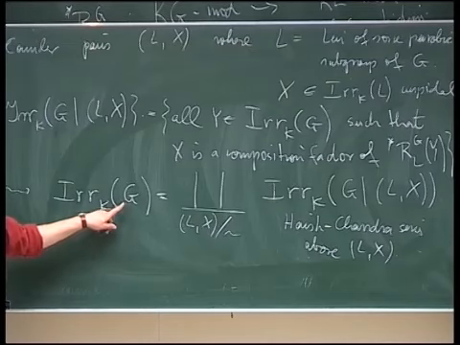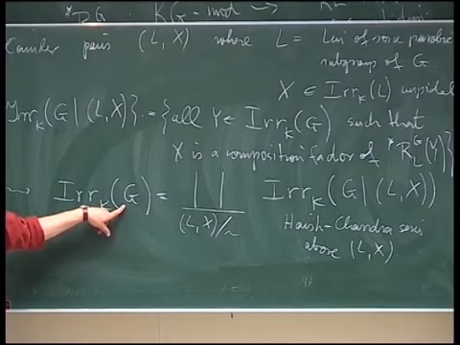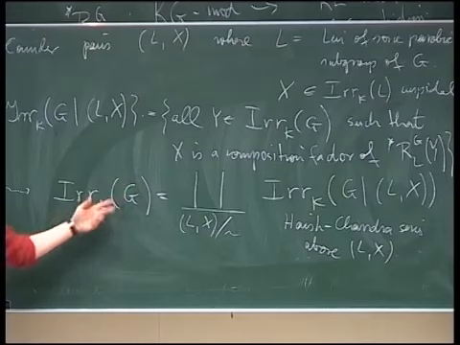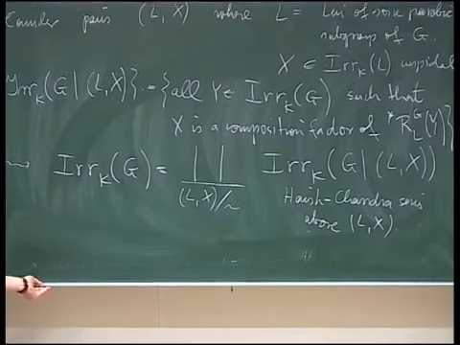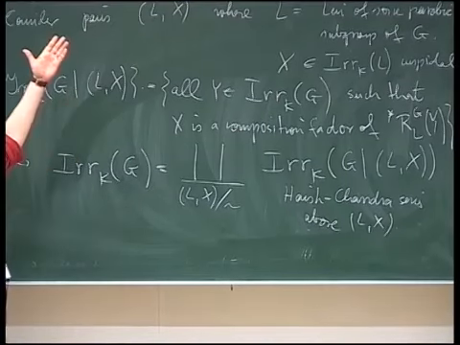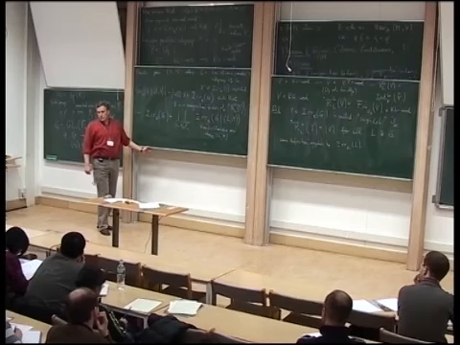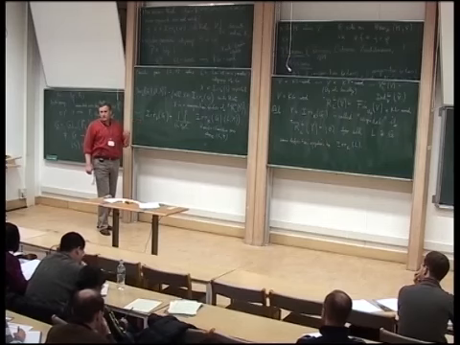First this appeared in the work of Dipper and James for GLN, and then it was generalized to other types by Dipper, Du, His, Malle, and myself. What is nice in the end is that the proofs work uniformly under these conditions. You don't have to distinguish in the proofs between characteristic 0 or positive characteristic.